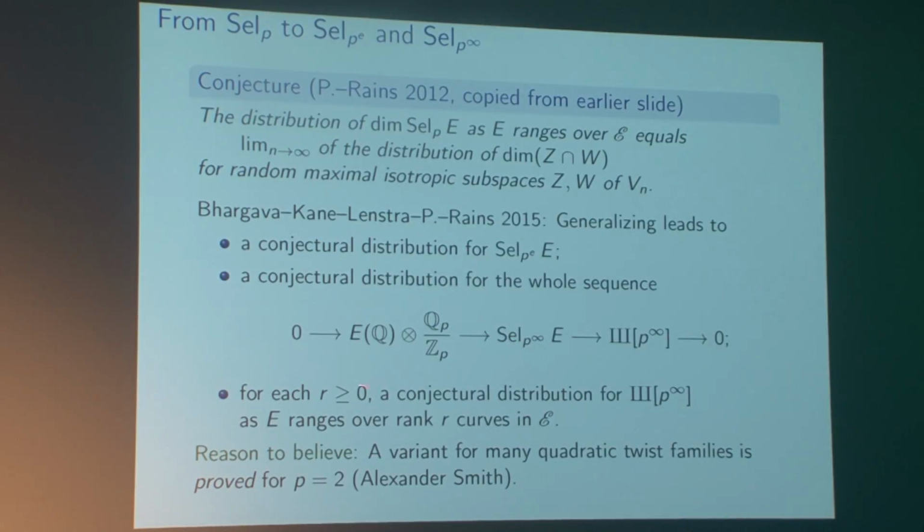And in fact, we can even condition on the rank of the elliptic curve and get a distribution here. And you should believe this too, because at least in a quadratic twist family, this has been proved for p equals 2 recently by Alexander Smith. So there seems to be good evidence for this as well.